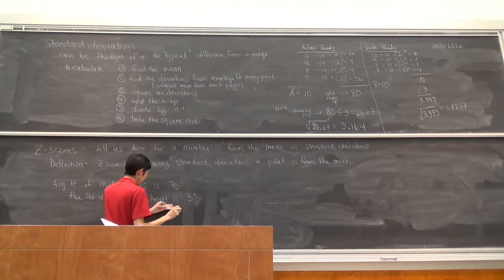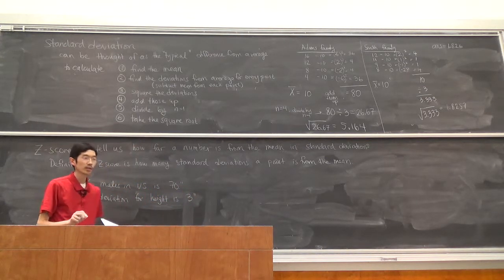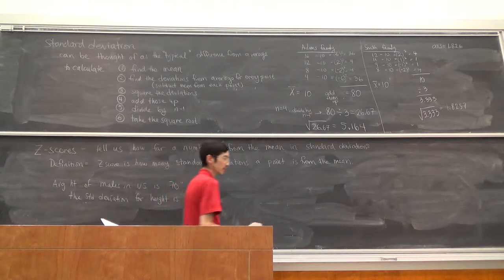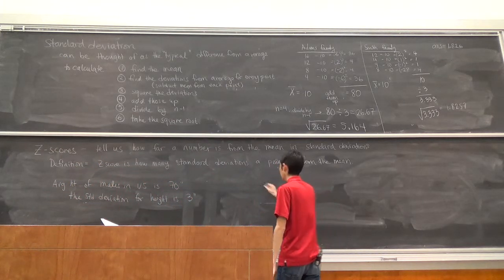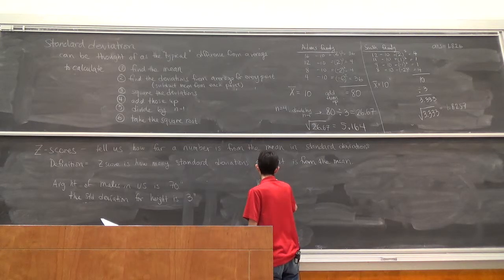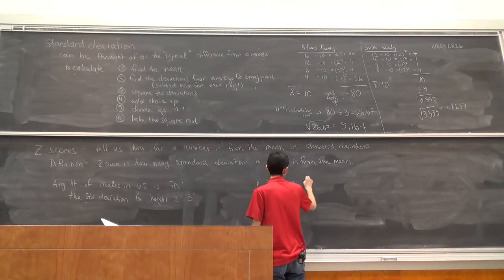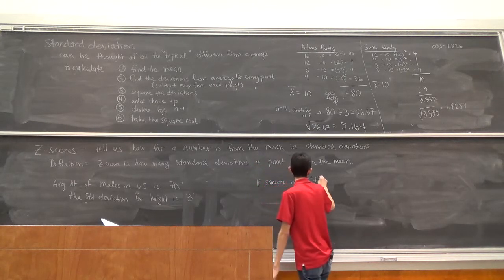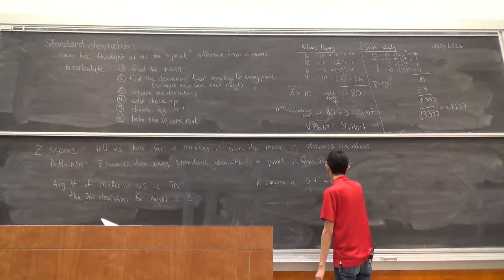So if someone is 5'7", so they are 67 inches.